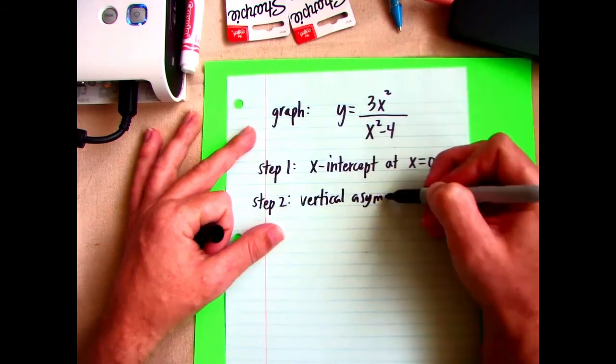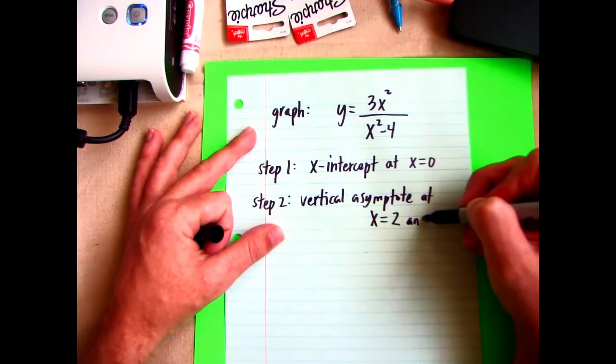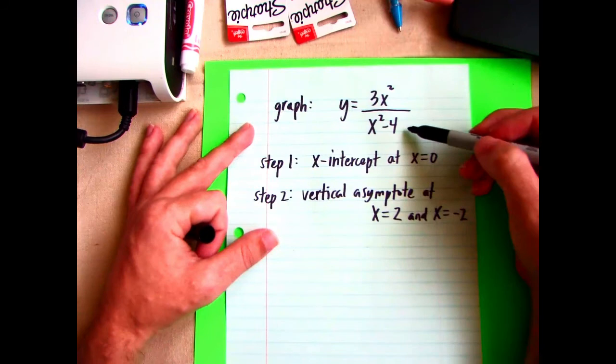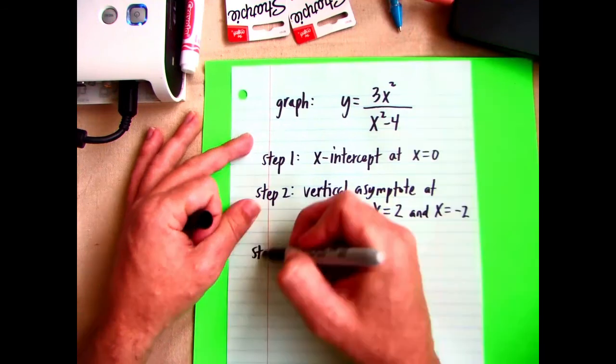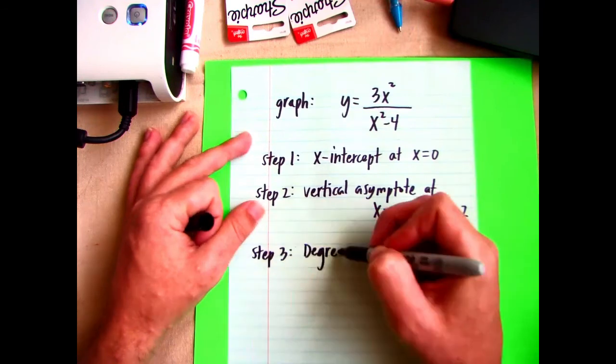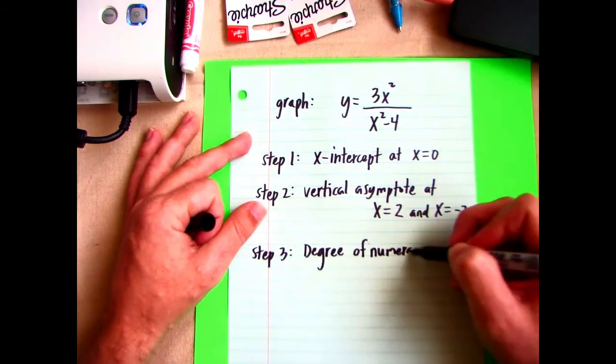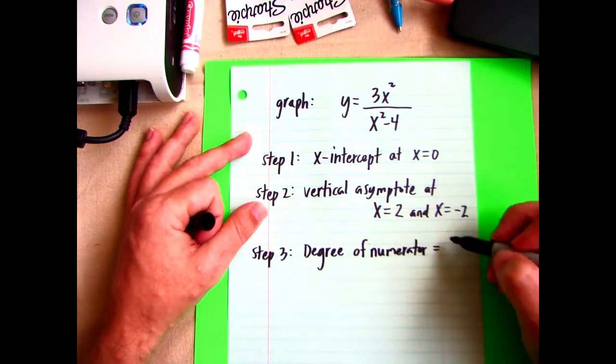And then finally, step 3, we're going to look at the degrees of the numerator and denominator. The degree of the numerator is 2, and the degree of the denominator is also 2. So if you look at your notes for step 3, when the degrees are equal, the horizontal asymptote is the coefficients a over c.